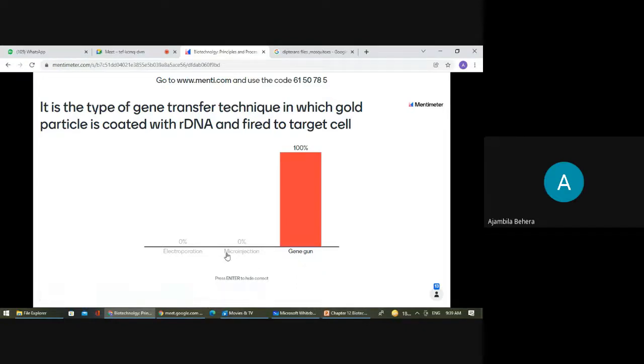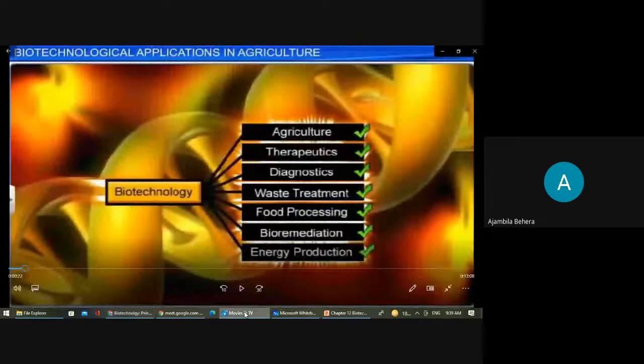And today we are discussing biotechnological application in agriculture. So we are talking about biotechnology and its application. You can find biotechnology can be applied in different fields, maybe agriculture, therapeutics, diagnostics, waste treatment, food processing, bioremediation, energy production.